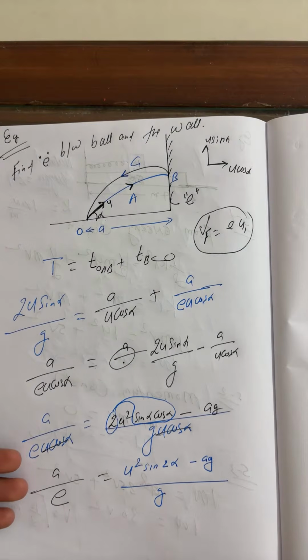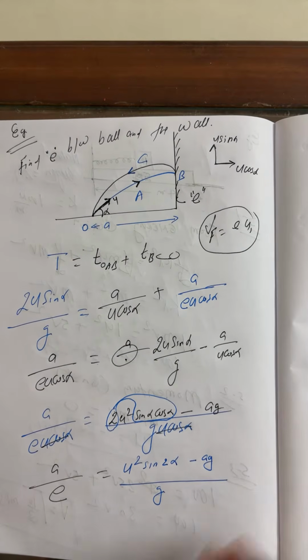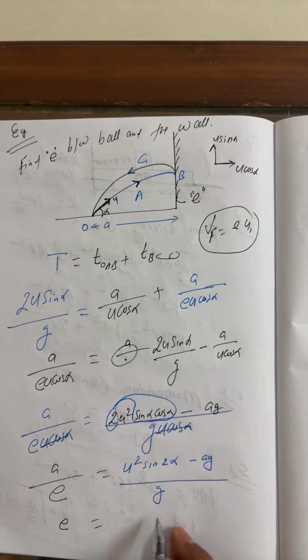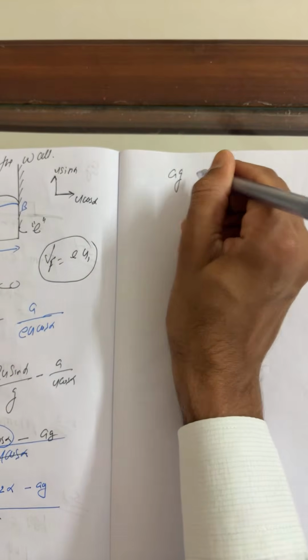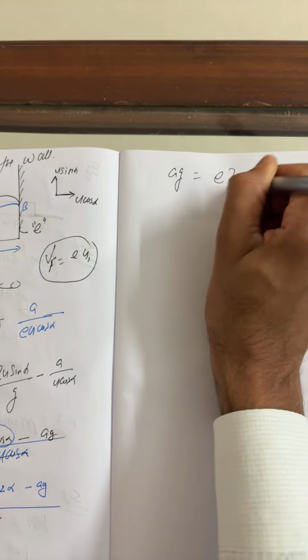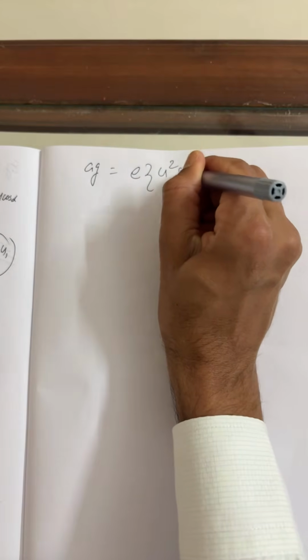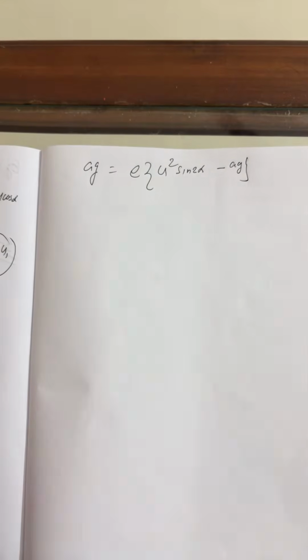But we have to find E, the coefficient of restitution. The student has to find what? The coefficient of restitution here. Better to do cross multiply. So you can say E is equal to, I'll write here only, just do the cross multiply. So you can say this is AG is equal to E times U square sine 2 alpha minus AG.